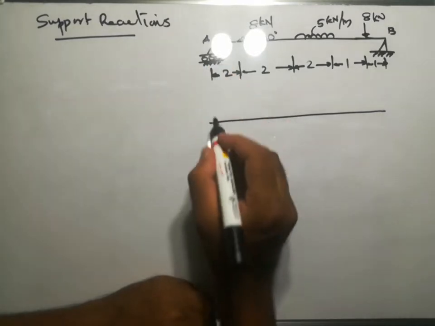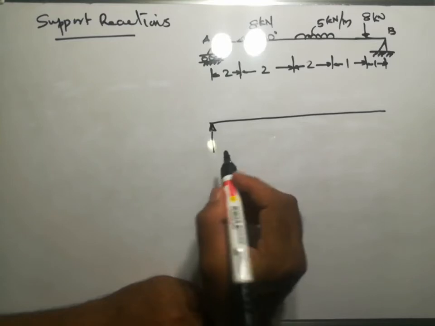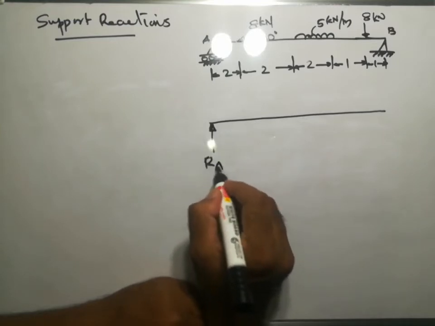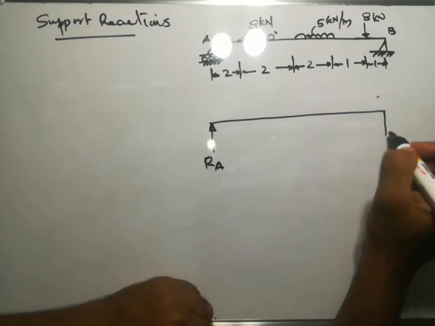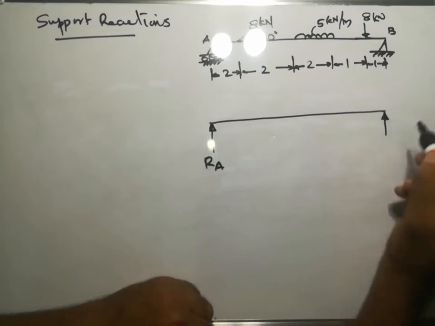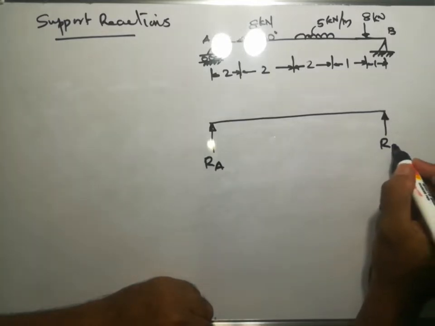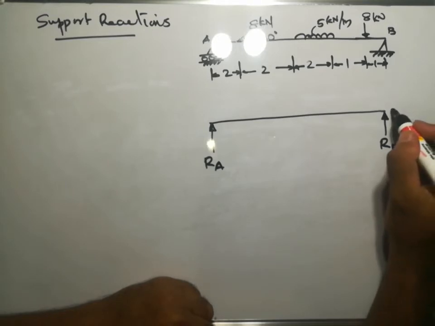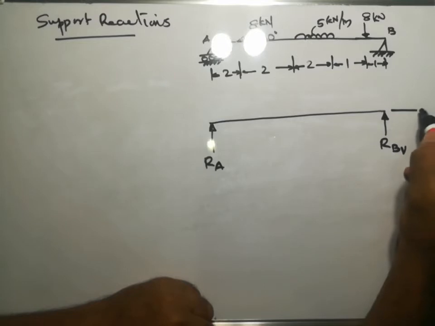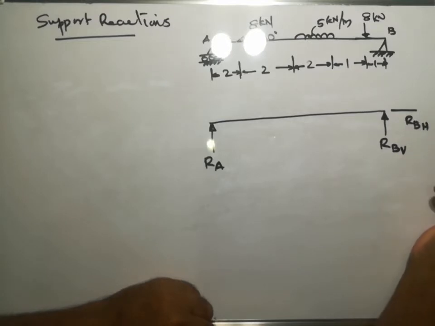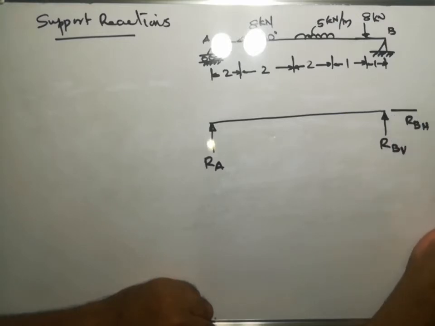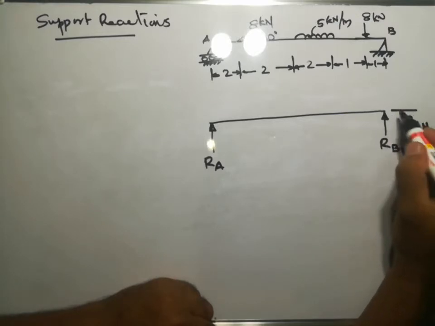So at the roller support, we know only one reaction will be there, and it will be vertical, and let it be RA. And at the hinge, RB vertical component and one horizontal component. And to determine the direction of this horizontal component, we will have to assume.